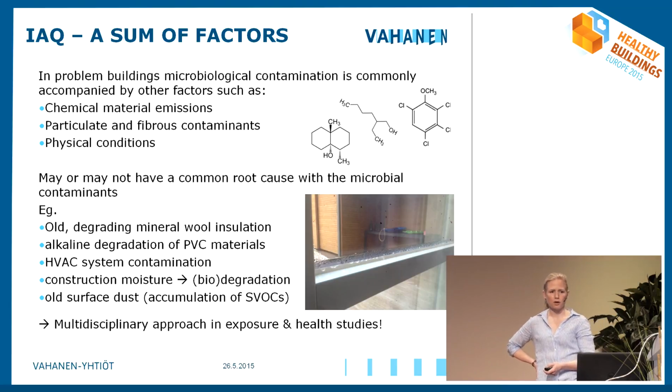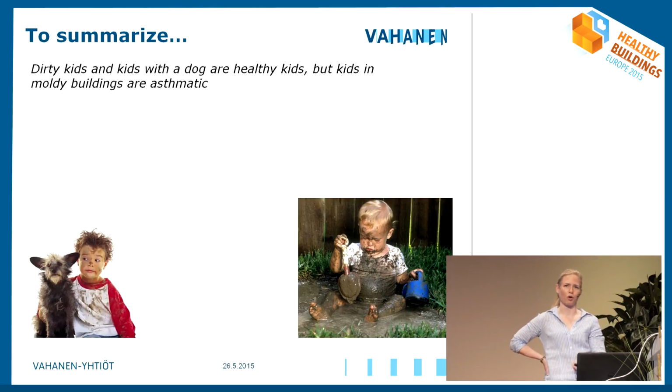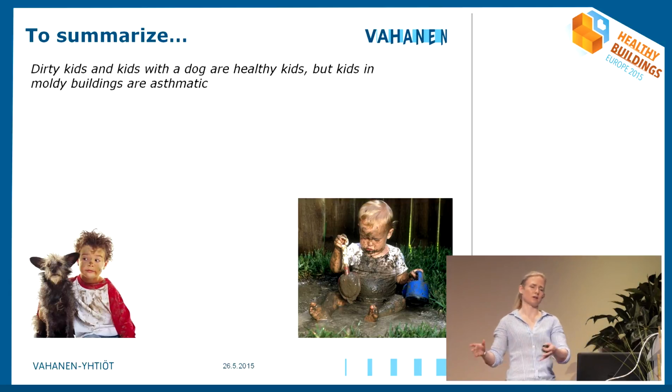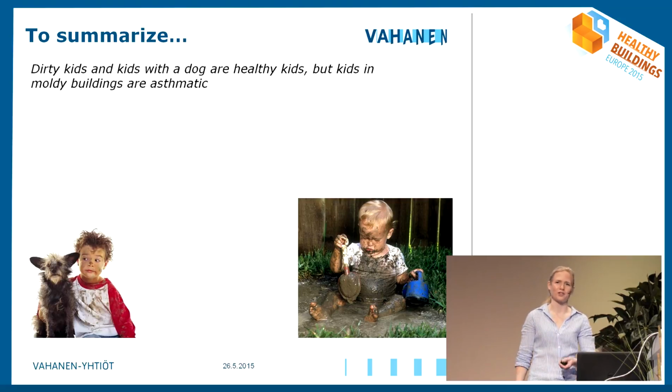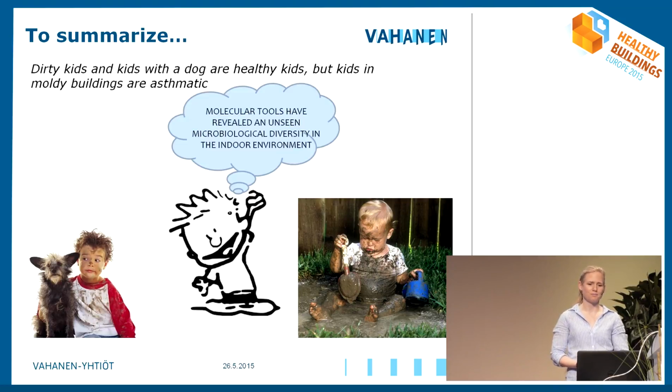So to summarize, from my view, dirty kids and kids with dogs, we know that they are healthy, but kids in moldy buildings are asthmatic. So this moldy building is one still. This is very old-fashioned talk, but it's still very valid because it's one of the main factors making people sick in the buildings.